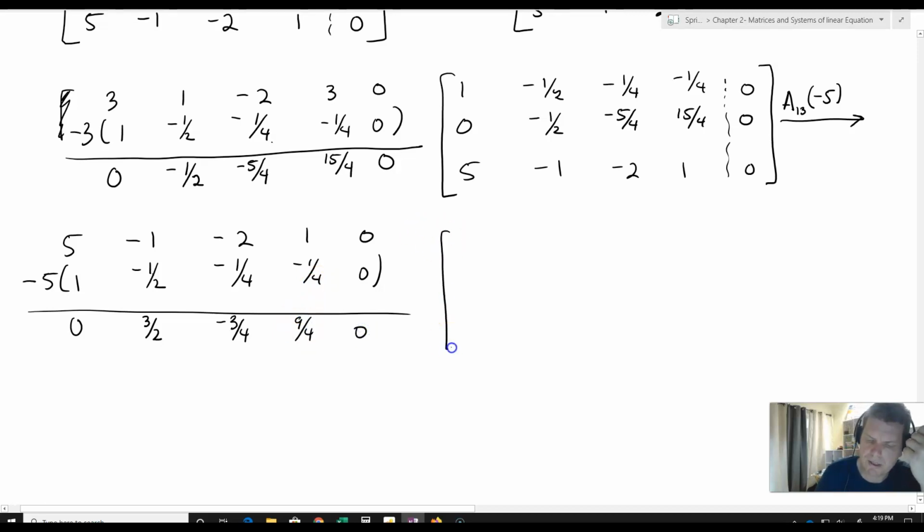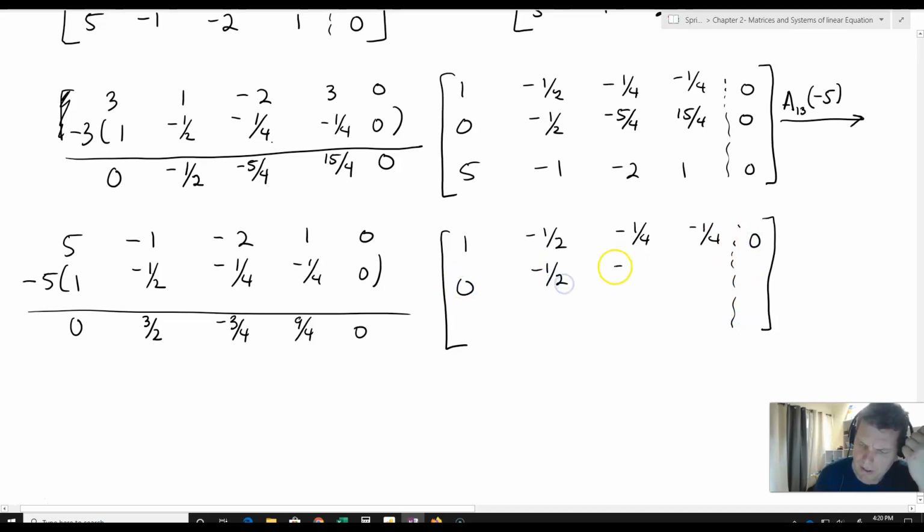So my new matrix is now going to be 1, negative 1/2, negative 1/4, negative 1/4, 0, 0, negative 1/2, negative 5/4, 15/4, 0, then 0, 3/2, negative 3/4, 9/4, and 0.